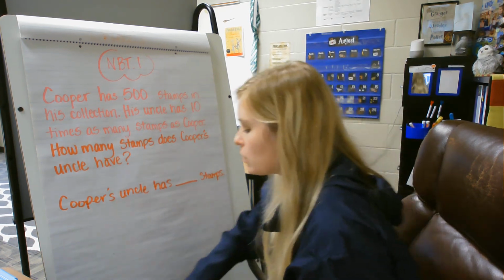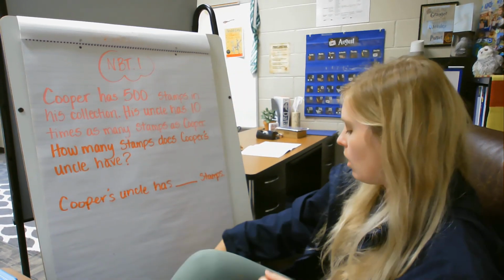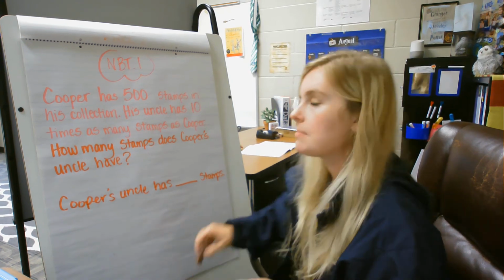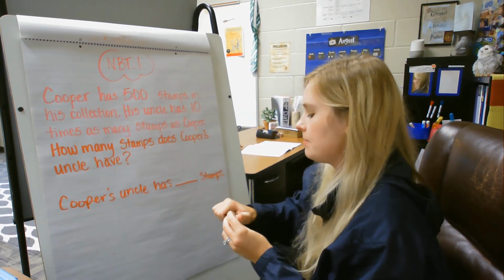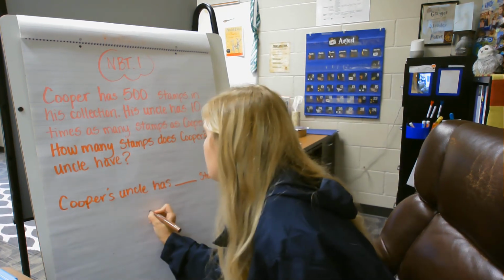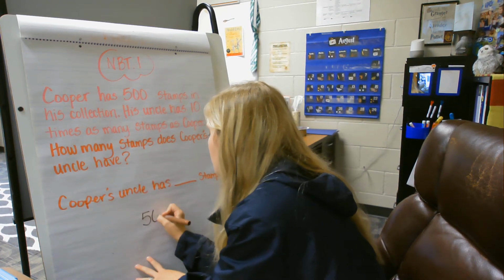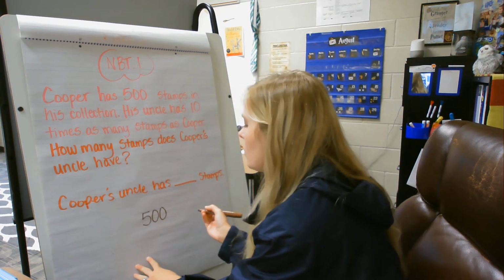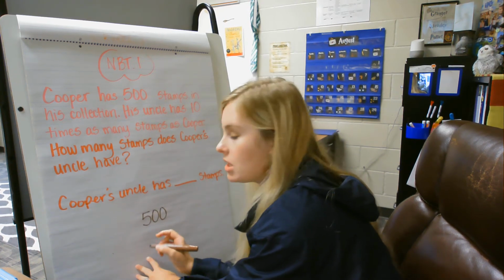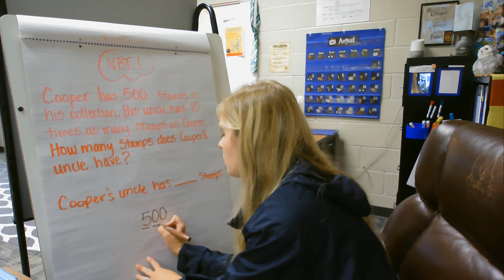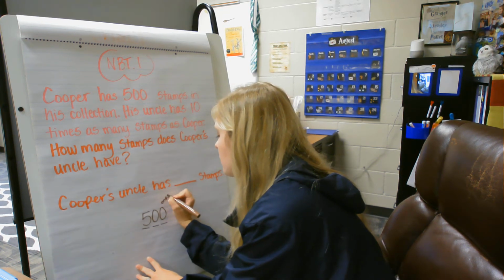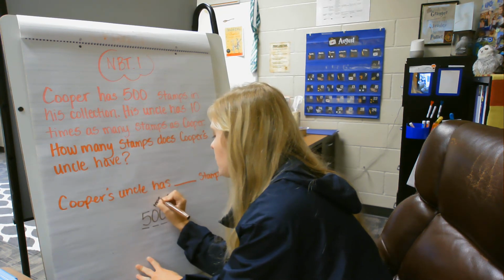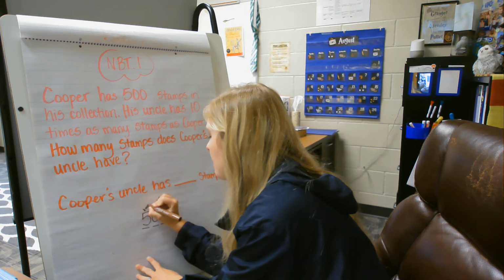Okay, now is where we're going to be able to get into what we just talked about with our place value house. If Cooper has 500 stamps, I'm imagining these as place values: ones, tens, hundreds.